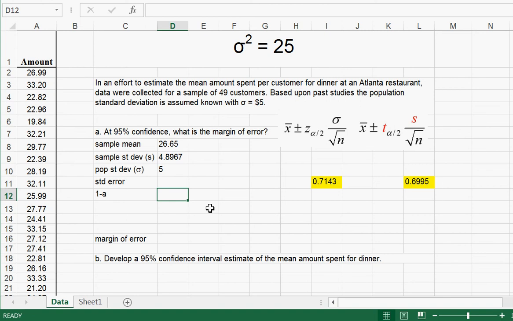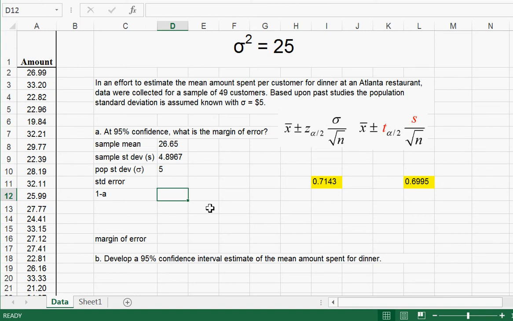If you don't know right now, in a couple weeks you're going to wake up going, 1 minus alpha is the confidence level. If there are 2 tails in the test or confidence interval, I divide the alpha by 2. It becomes second nature to you because I ask it over and over.